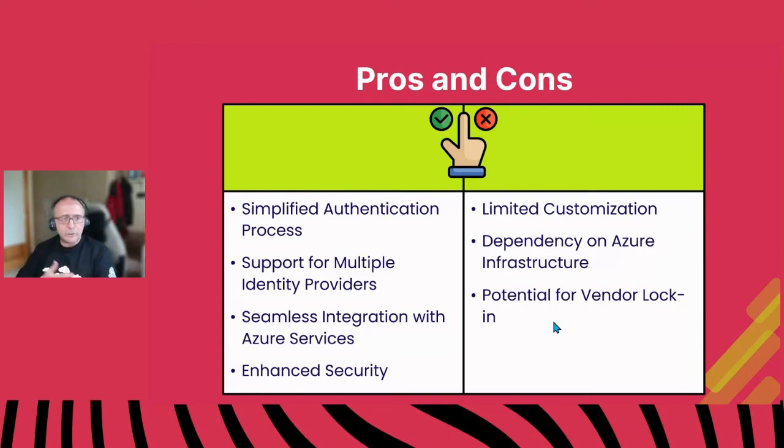The integration with the app service, the Azure service, is easy. What I mentioned for the app service is exactly the same if you use Azure Functions or container apps. It's just a configuration, and the middleware is the same.